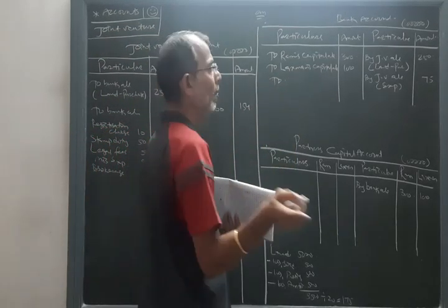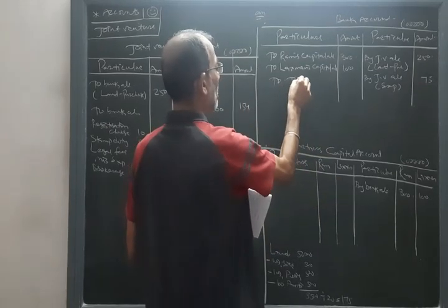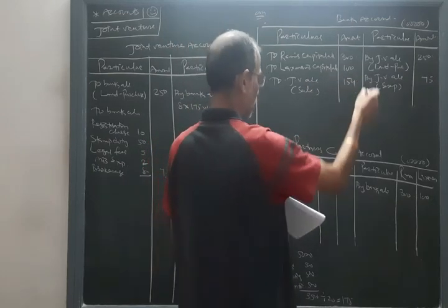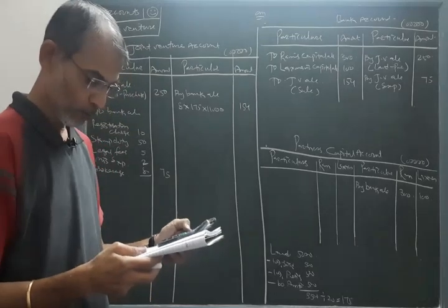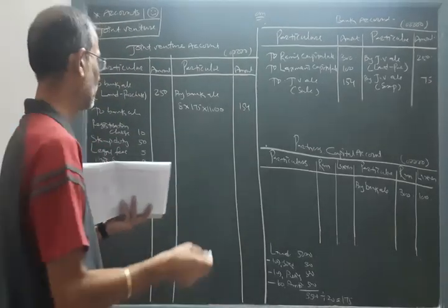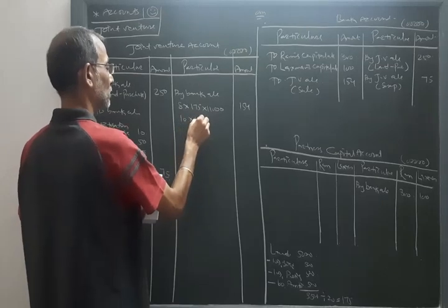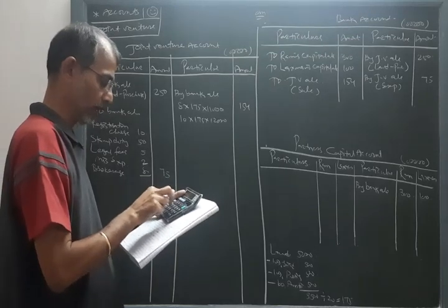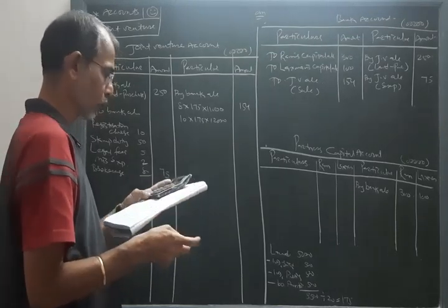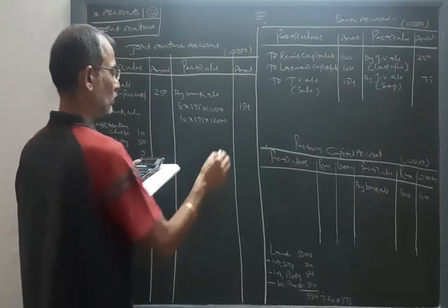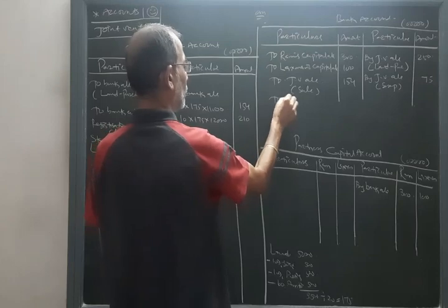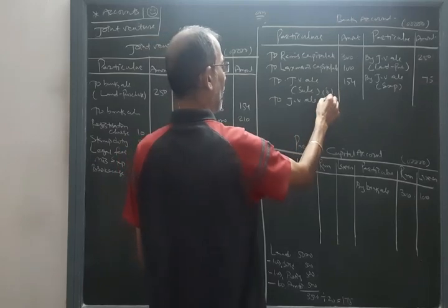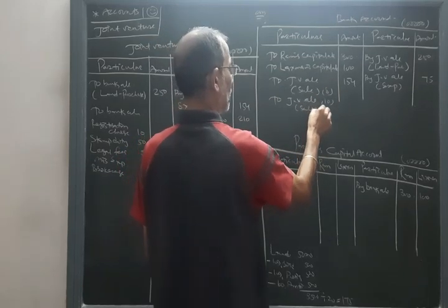On the debit side of the joint bank account, joint venture account, sale 154. 10 plots were sold for 12,000 per square meter. So 1,750 into 12,000, that is 2 crore 10 lakh, 210 to joint venture account. These plots were 8 and these are 10. 210.